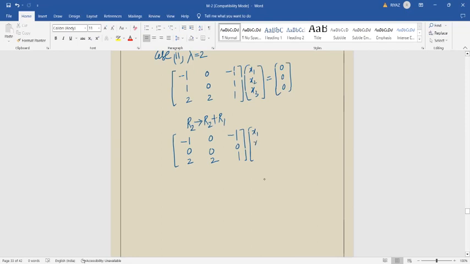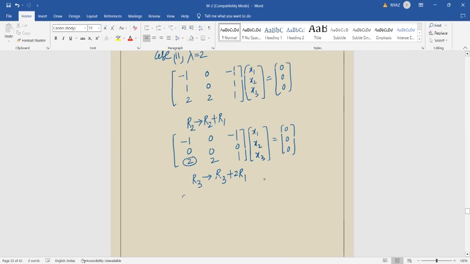x1, x2, x3 is 0, 0, 0. Now the next target is to make this one 0. The operation will be R3 changes to, you probably remember, R3 plus 2 R1.